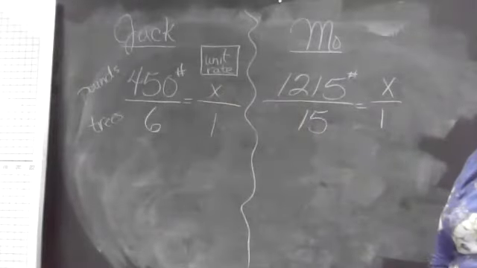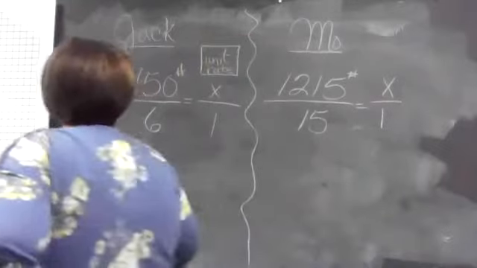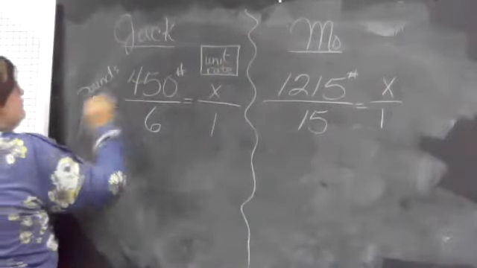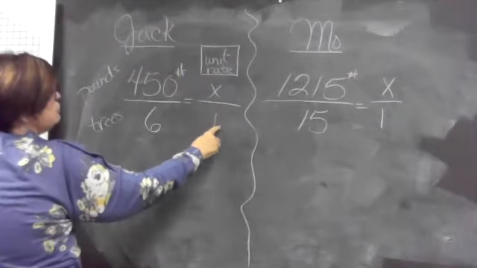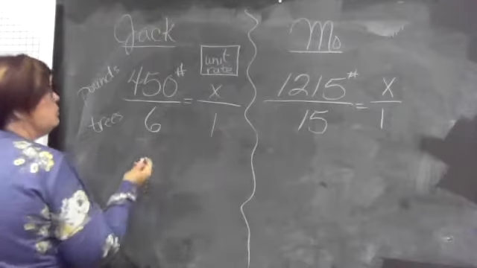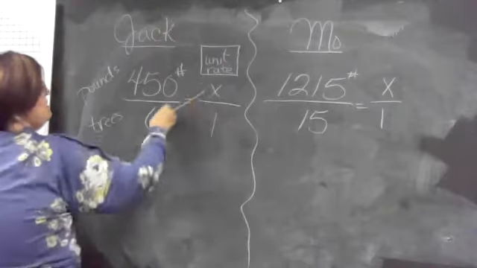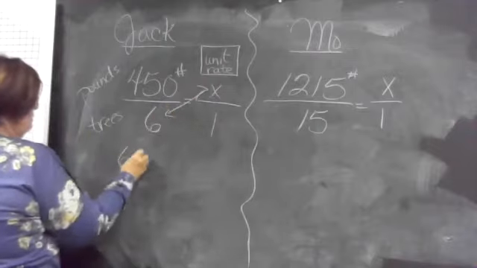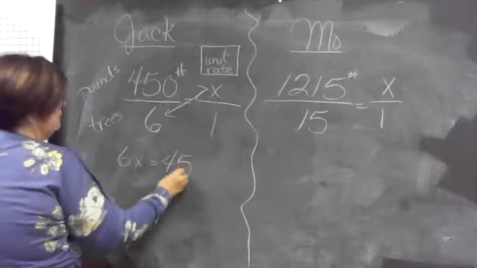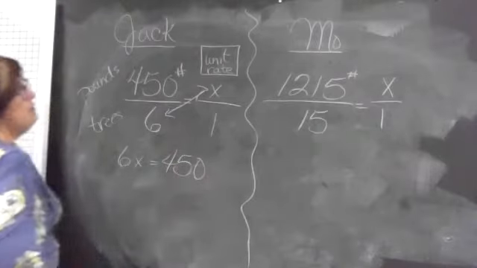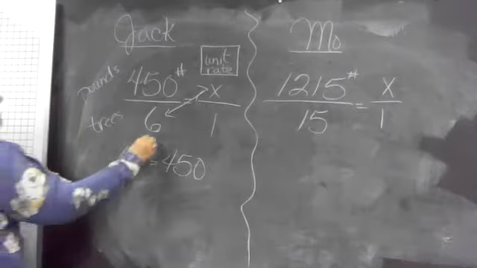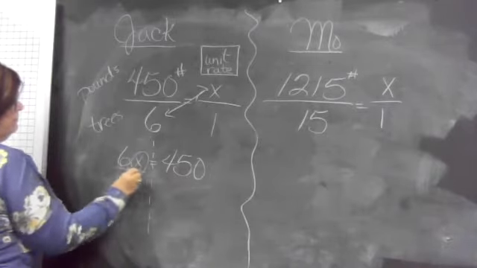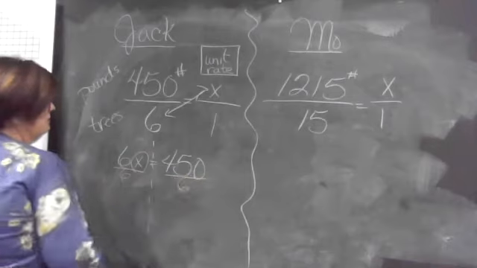So let's do one at a time. This says Jack had 450 pounds of oranges for 6 trees, and we set up a proportion. We don't know how many oranges for every one tree. So we're going to say 6x equals 450. Then we continue to solve by dividing by 6.